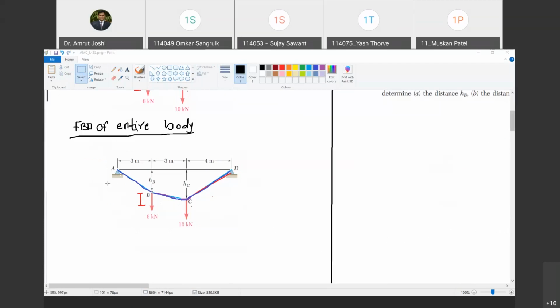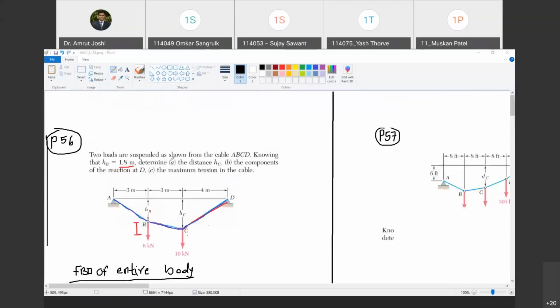Do you agree with me? Yes, sir. So you are going to have the reaction in the direction of string AB here, and that reaction I am going to call RA. Are you with me? Yes, sir. And that makes an angle alpha with the horizontal.